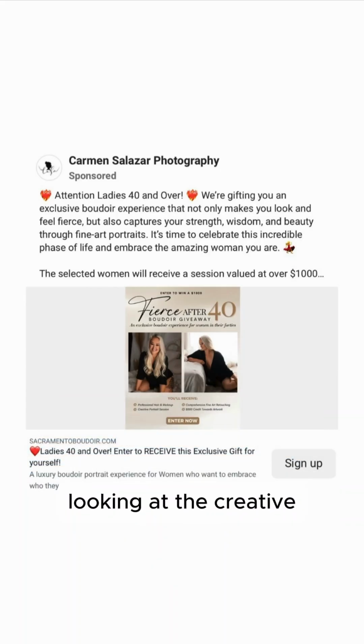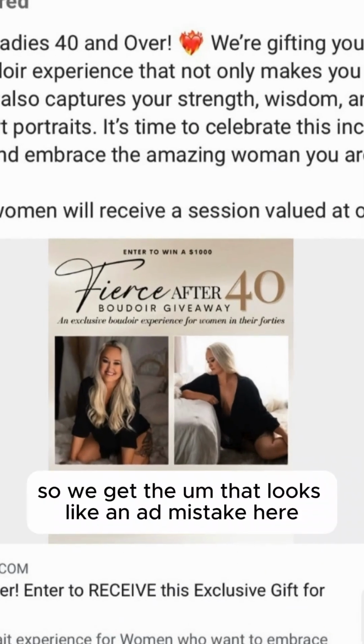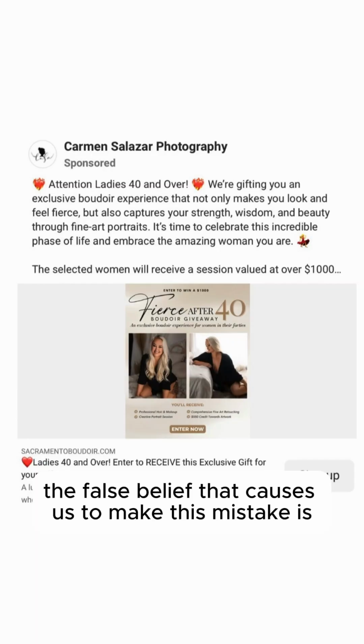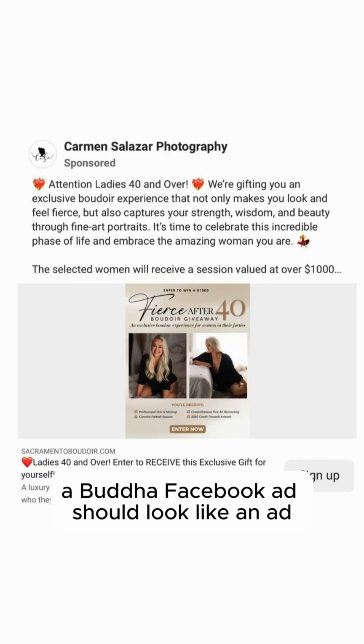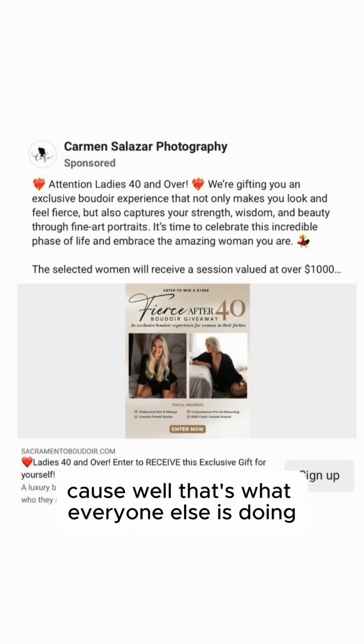Next, looking at the creative. All right, so we get the looks like an ad mistake here. The false belief that caused us to make this mistake is we actually believe a boudoir Facebook ad should look like an ad because, well, that's what everyone else is doing.